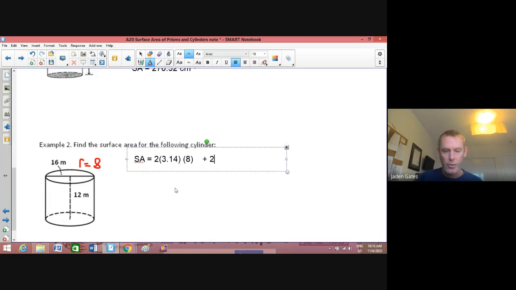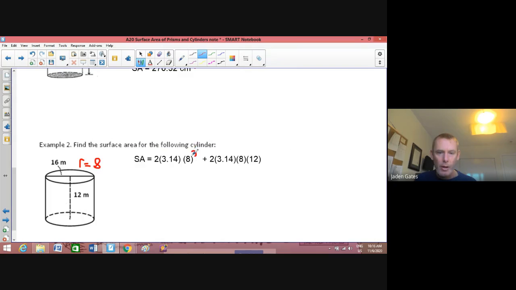Then we've got 2 times pi, I'm just looking at my formula here, 2 times 3.14, r again is 8, and my h, which is 12. And again, in our formula, the r is squared.